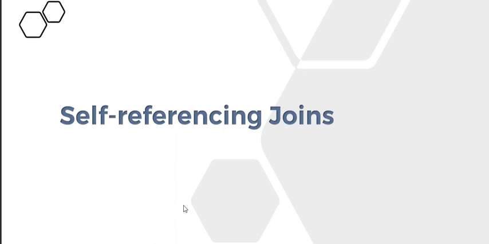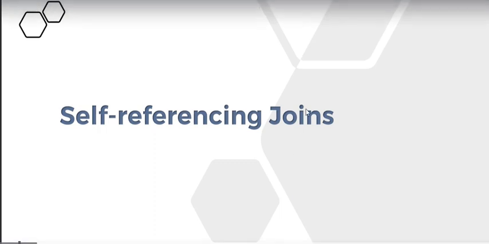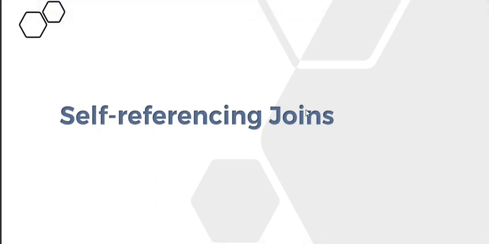Let's see it in detail. Self-referencing joins are useful for querying hierarchical data or comparing rows within the same table.